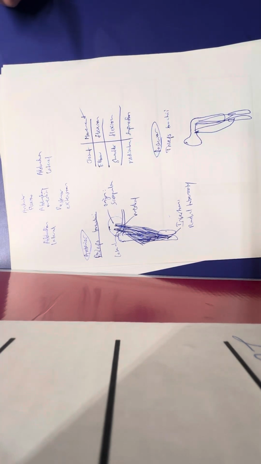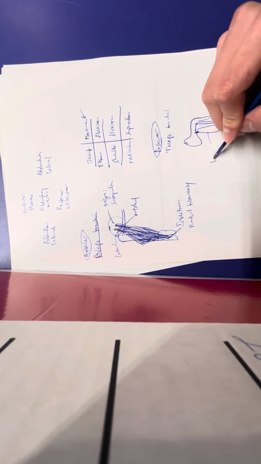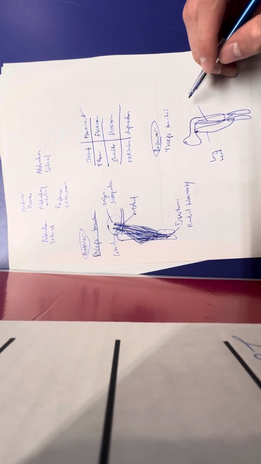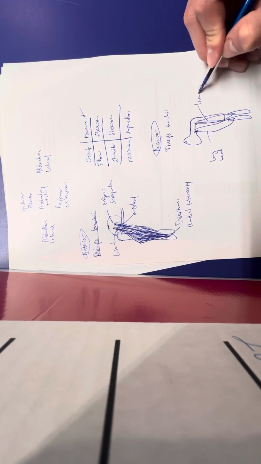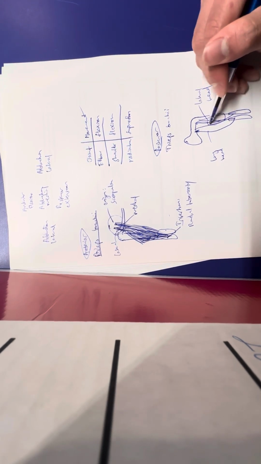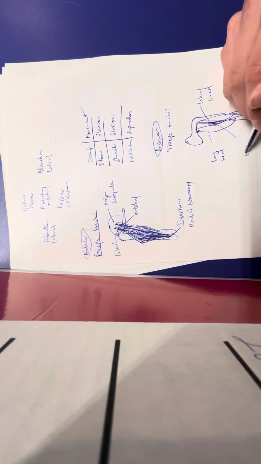I know the shading is not going to do it justice, but basically this is the long head. This is the lateral head. And then there's something in the middle here as well. So there are 3 heads in total, including the medial head.